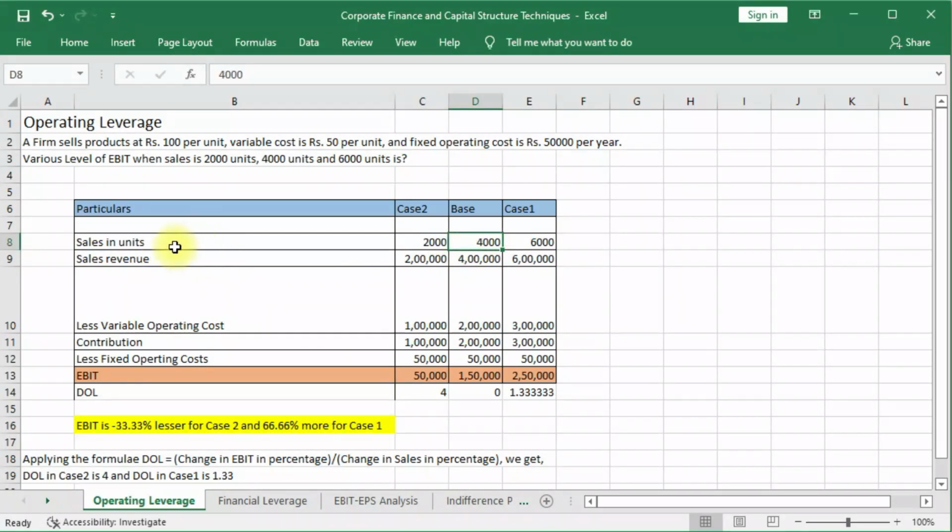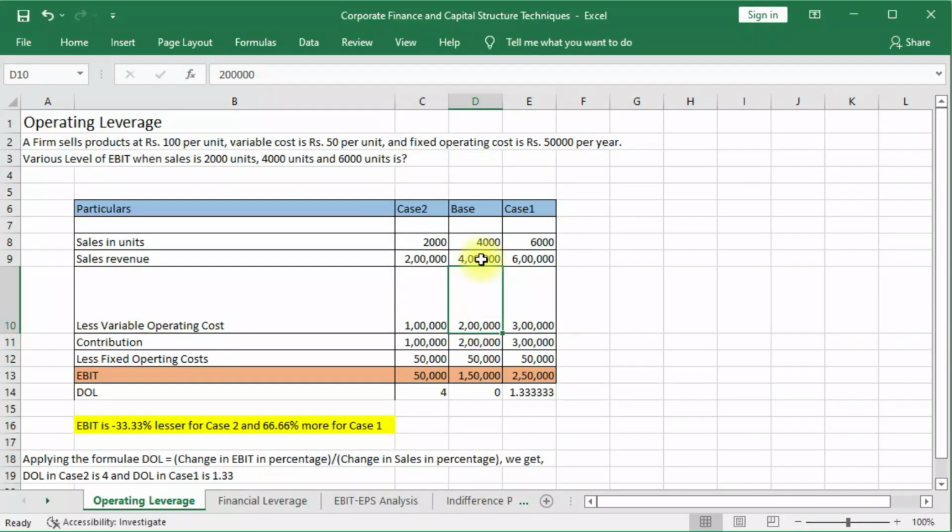Now we'll see how we work out the problem. We want to find out the various levels of EBIT. For the base, sales in units is 4,000. The cost of one unit is 100, so sales revenue is 400,000 or 4 lakh. Variable cost is 50 rupees per unit for 4,000 units, so variable operating cost is 200,000 or 2 lakh.